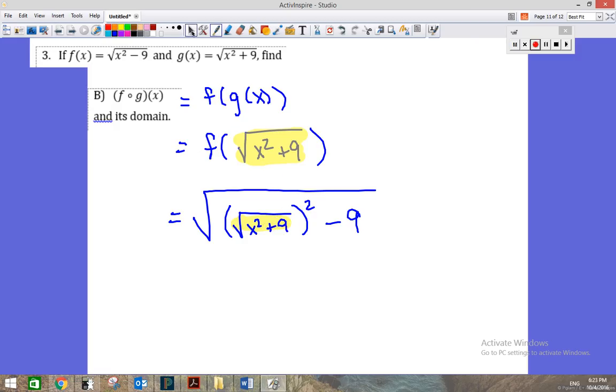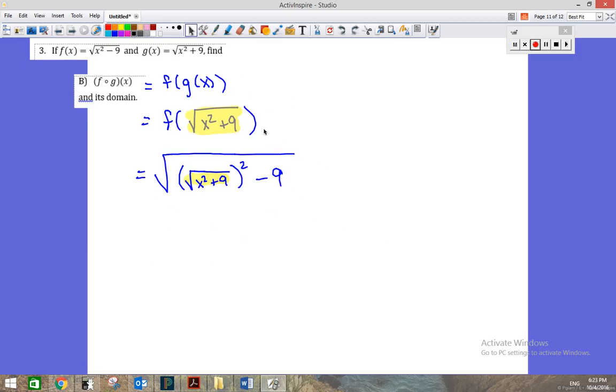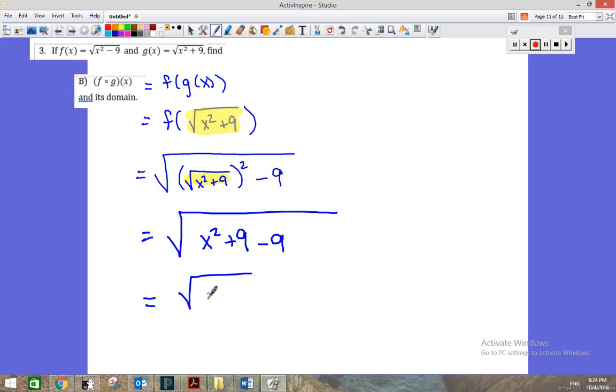But when we square that radical, the radical goes away. Not this outer radical, I'm talking about the inner one. When we square it, it goes away, and we just have x squared plus 9. Don't forget now we've got minus 9, so we have the square root of x squared, which is the absolute value of x.